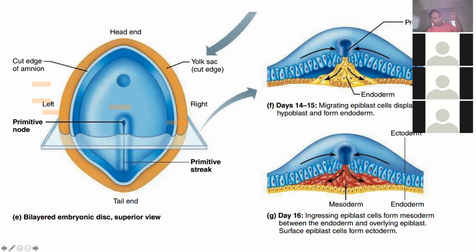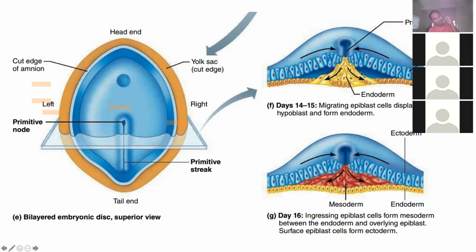Now, this process is called gastrulation. Gastrulation is the process where the two-layer germ disc gradually changes into a three-layer germ disc, and the driving force is our epiblast. The epiblast will create the primitive streak. The epiblast will create the endoderm.